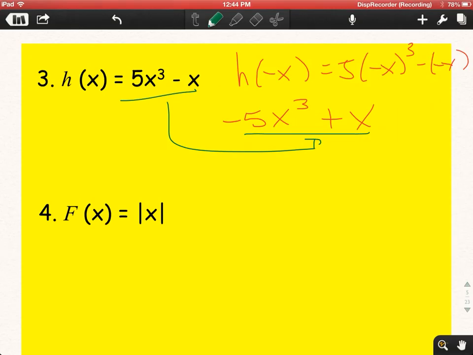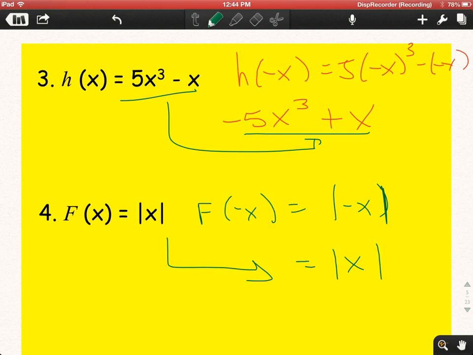And let's take a look at our final example, which is the absolute value. So if I were to do f of negative x, that would be the absolute value of negative x, which is the absolute value of x. It's the same thing, so we're getting the exact same function back.